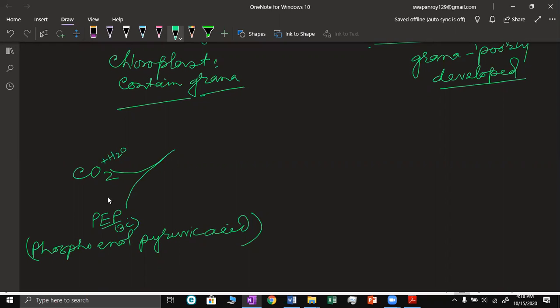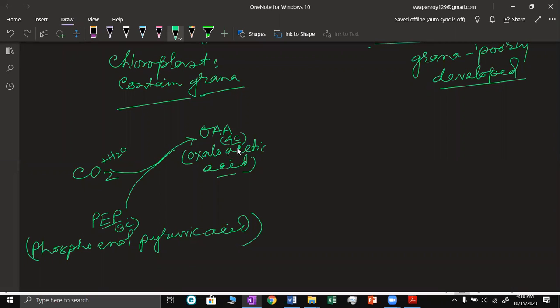plus water, of course, absorbs carbon dioxide and produces a four carbon compound that is known as oxaloacetic acid. This is a four carbon compound.